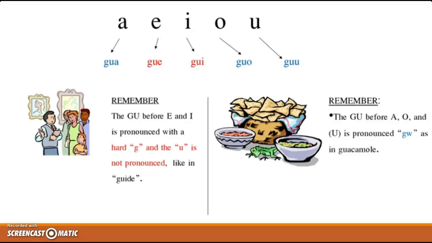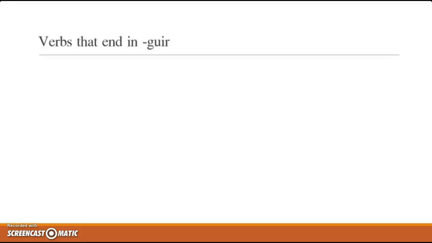All right, so therefore there are certain verbs that end in G-U-I-R. There's not many. There's only 2 that are a little bit more high frequency. They're called gear verbs, because remember, we don't pronounce that U, so it's not guir, it's gir. Always think back to guitarra. So the GU drops the U before O's and A's. So we have extinguir, to extinguish. It would be extingo.